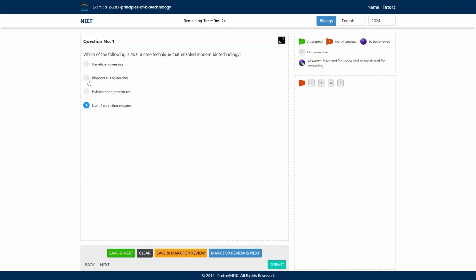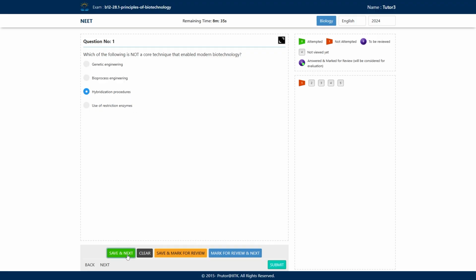Second is bioprocess engineering. Here we also know that it is one of the most important techniques used for modern biotechnology. Third says hybridization procedures. Yeah, hybridization procedure is not a core technique, whereas the use of restriction enzymes, the molecular scissors, is important for modern biotechnology. So here the answer should be hybridization procedure.